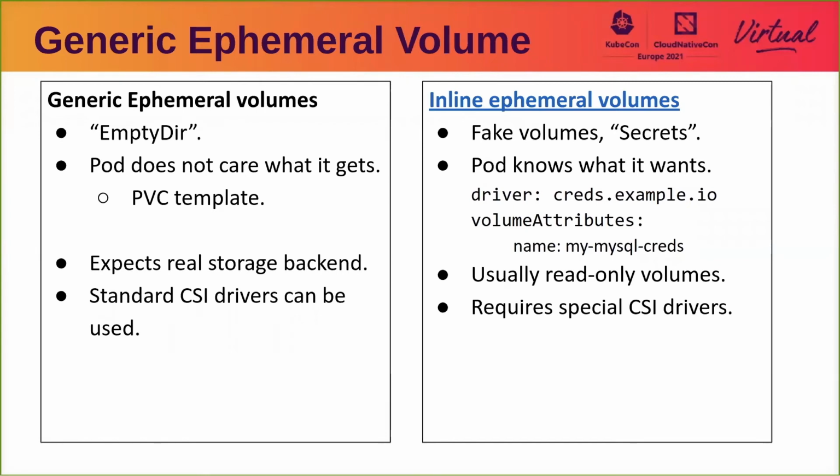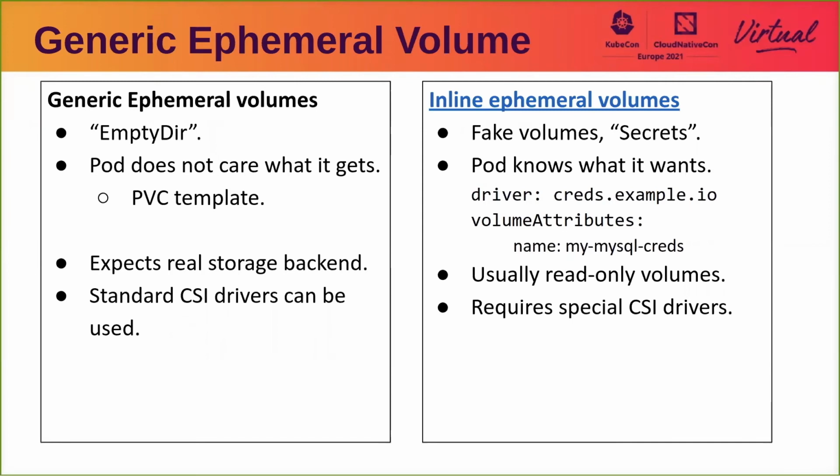On the right, there are inline ephemeral volumes that we introduced earlier in Kubernetes. They are still beta. And they provide some kind of fake volumes, like secrets. That's the use case you should have in mind when we talk about inline ephemeral volumes. They don't provide a real volume. They provide exactly what the pod wants. The pod must specify, for example, if you use secret volumes, it must specify the secret name. So similarly, in the inline ephemeral volumes, the pod must specify exactly what it wants, and then the volume appears in the pod.